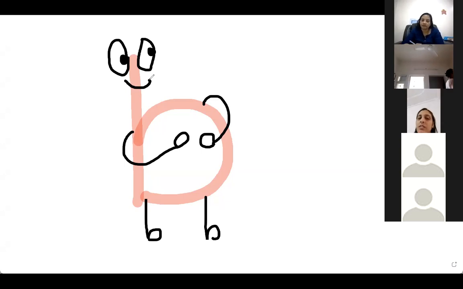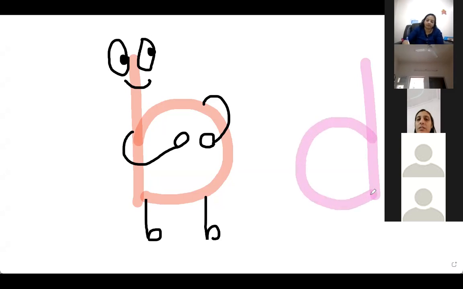Okay, so this is how it is with belly, and similarly I'll say D is a small baby. Small baby wears a diaper. So when you're saying diaper, again, if you make these drawings in front of them, you make a small baby's face over here with 2 hair strands.